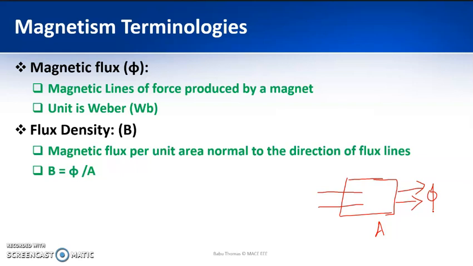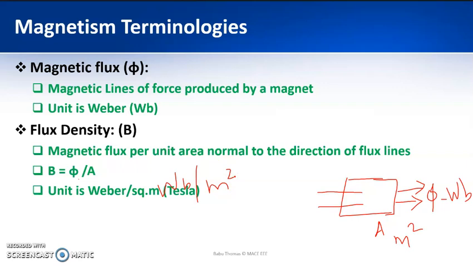Therefore we can write magnetic flux density is magnetic flux divided by area. Area has unit meter square and flux is in Weber, so effectively the unit is Weber per meter square. It is also given as Tesla. The unit is Tesla, that is, Weber per meter square or Tesla.